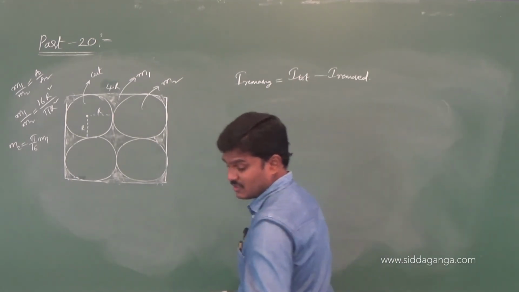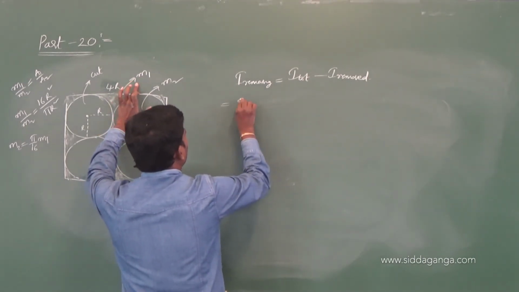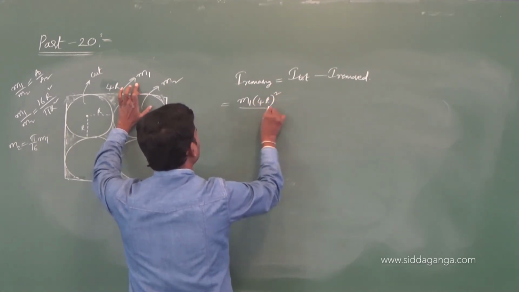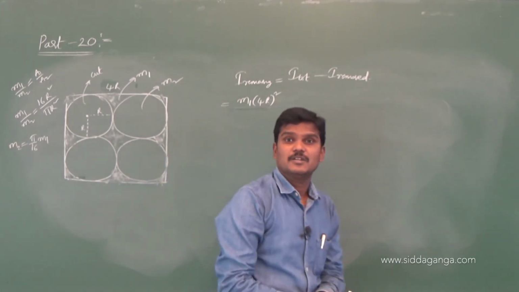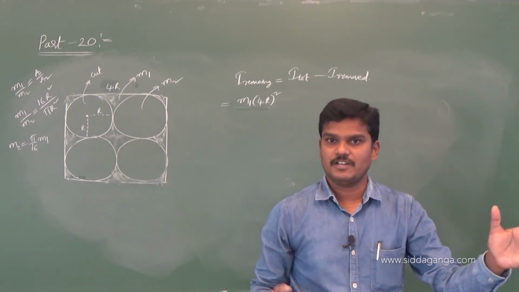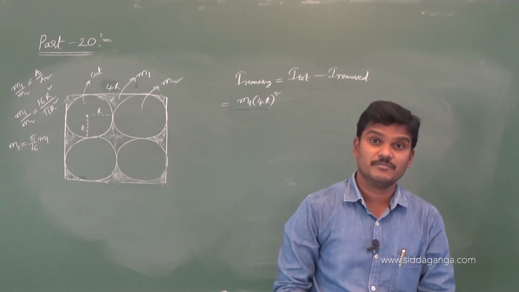What is the total? Total is m1. So m1 r square, nothing but 4r square. What is the formula for a square plate? Remember, for a square plate about the center, having equal sides, it is m a square by 6.